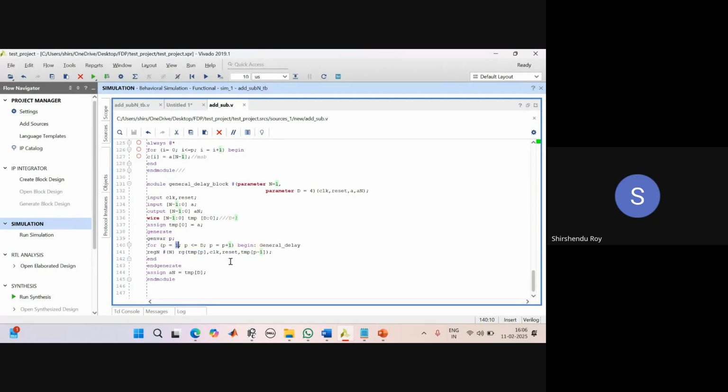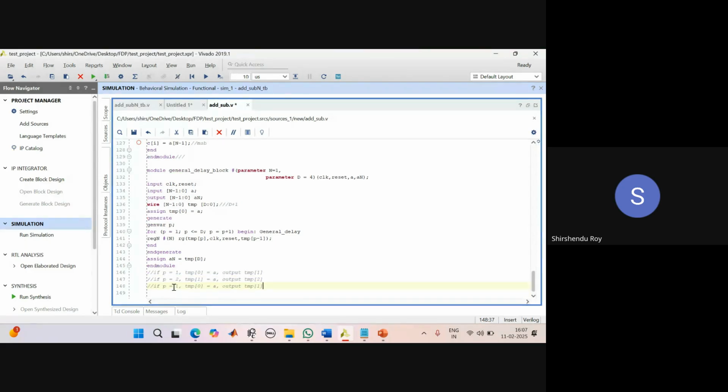If p equals 1, then temp 0 is the input. Temp 0 is actually defined as A. So what is output? Output is temp 1. Now if P equals 2, input will be 1, output will be 2. So this way the block is actually prepared.